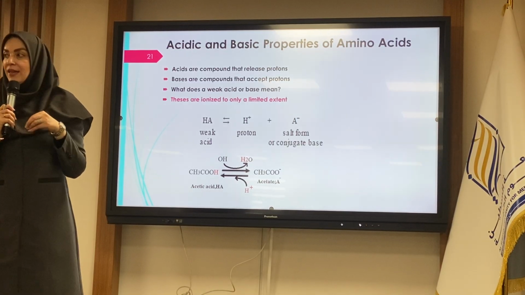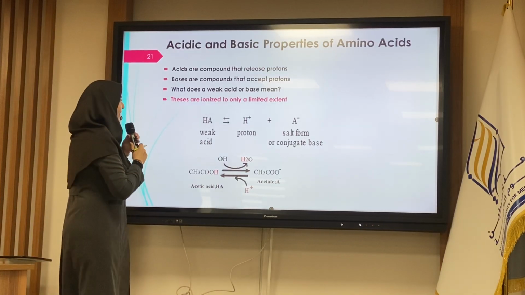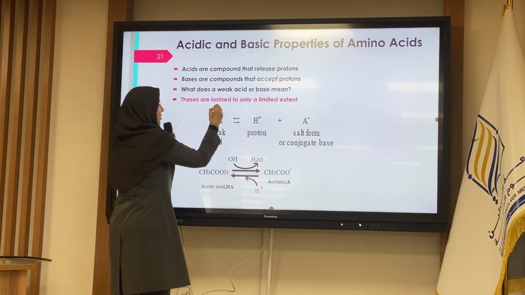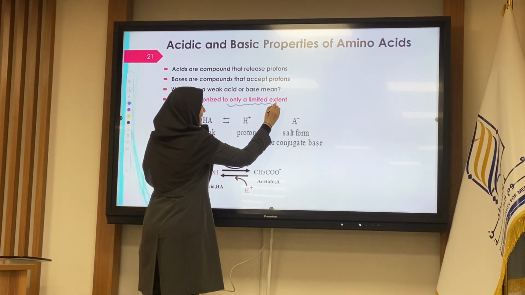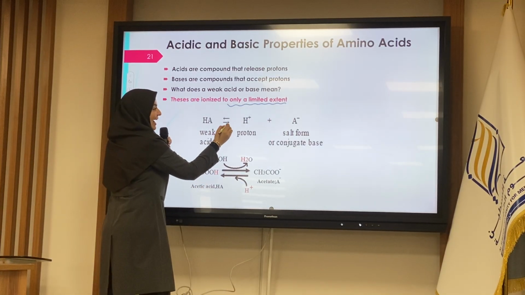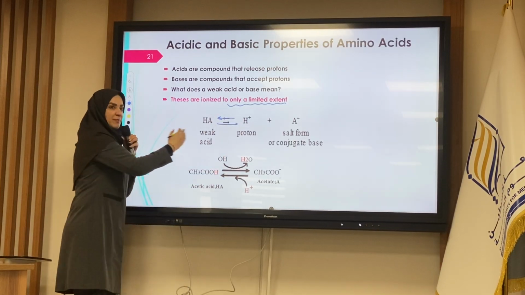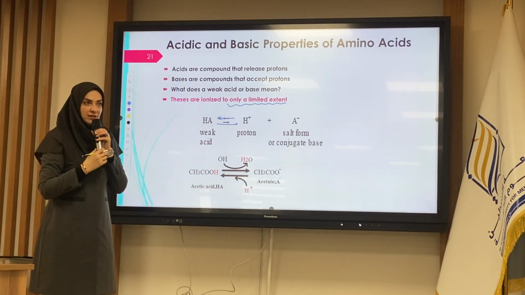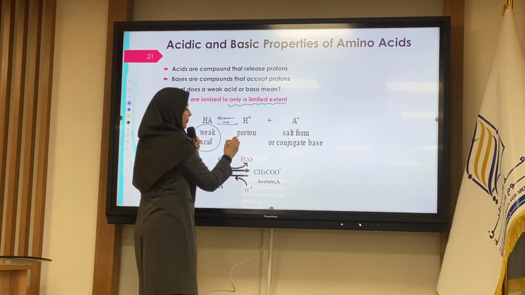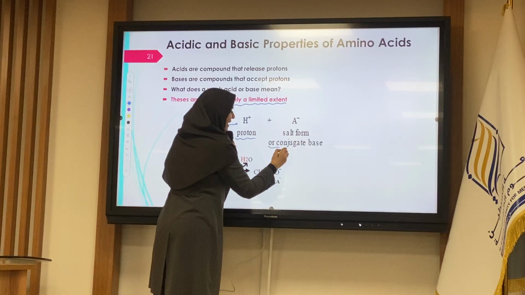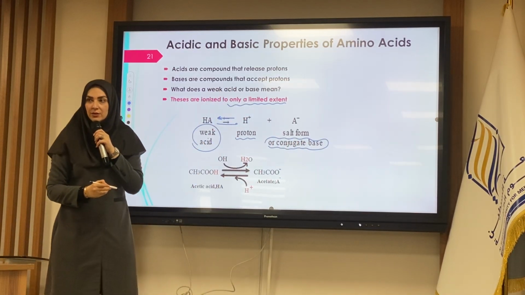When we say that we have a weak acid, it means that it ionizes only to a limited extent, and it involves a reversible dissociation in which your weak acid produces a proton and also a conjugate base.